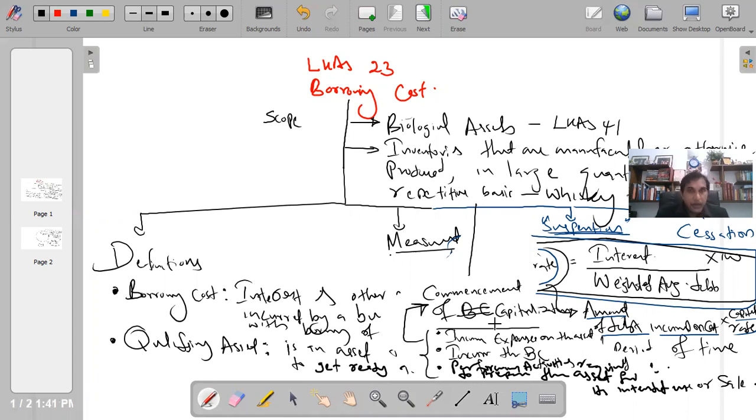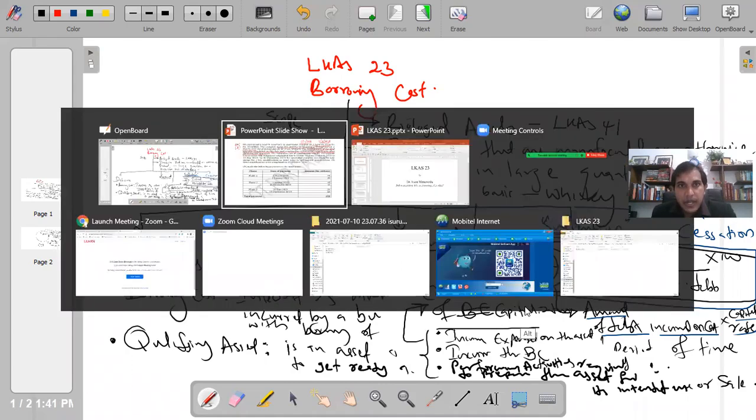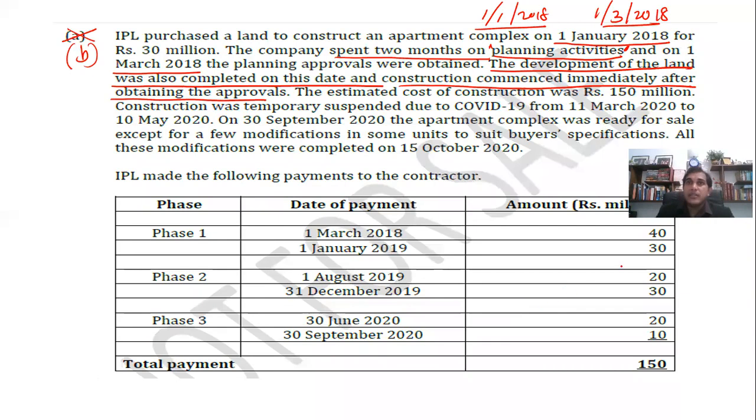Now based on this explanation, you can apply that knowledge to this particular question. There are 2 dates given: 1st of January 2018 and 1st of March 2018. So what is your judgment on when to start capitalization? I have highlighted two things: planning activities and development of the land. Can you construct a building without developing the land?